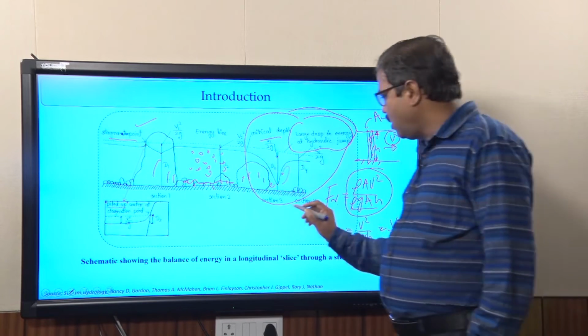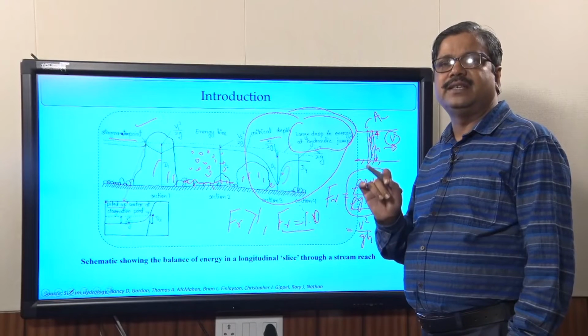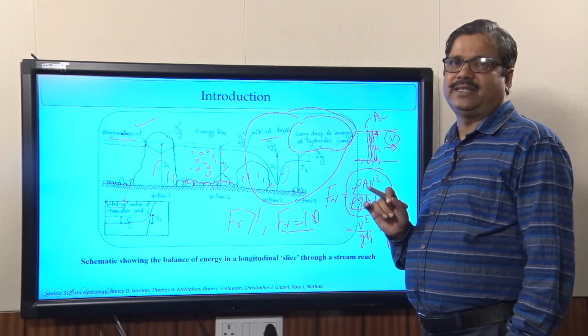When I talk about the flow Froude number being greater than 1 or equal to 1, what does it indicate? Equal to 1 is the condition where the gravity force is equal to the inertia force.